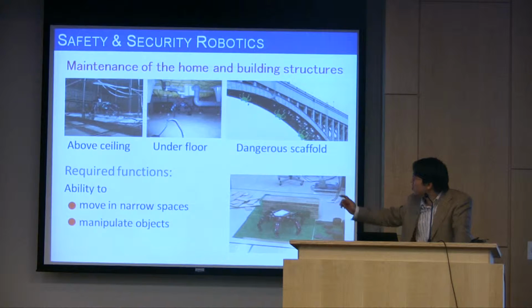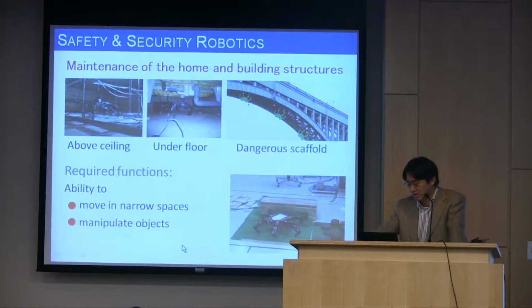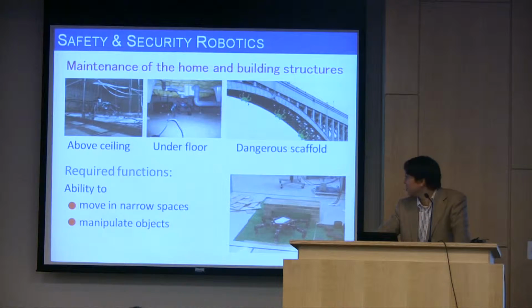For such tasks, the robot needs the ability to move in narrow spaces, and not only move but also manipulate objects. This is an example of the robot going into a narrow space.